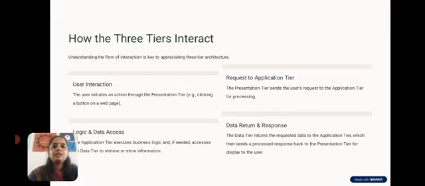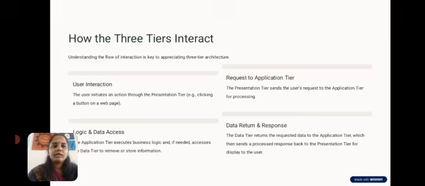Now we will see how the three tiers interact with each other. First, the user interaction. The user initiates an action through the presentation tier, for example by clicking a button on a web page. Second, the request to the application tier, where the presentation tier sends the user request to the application tier for further processing. Third is the logic and data access, where the application tier applies the business logic needed and accesses the data tier to retrieve or store information. Fourth is data return and response.